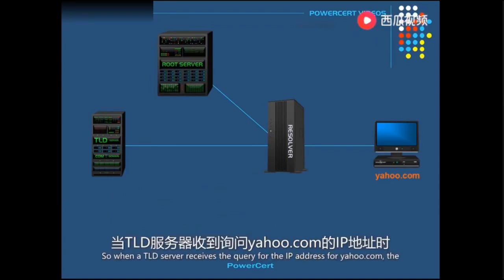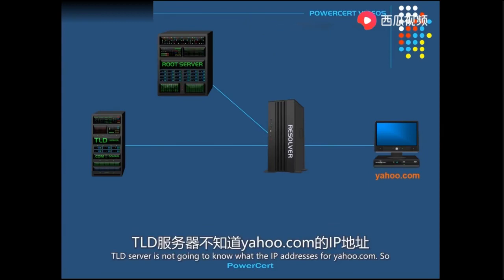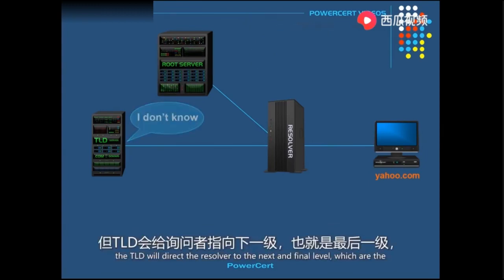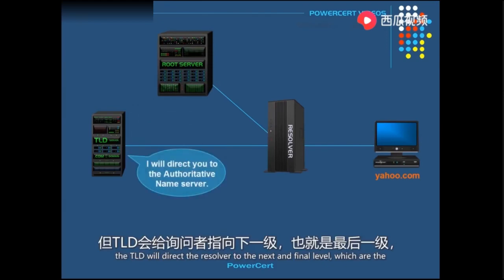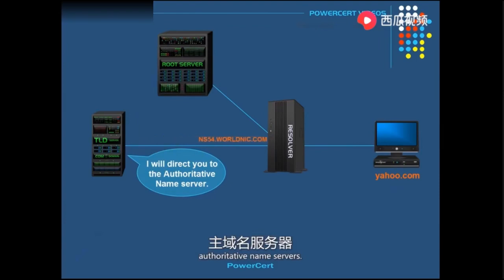So when the TLD server receives the query for the IP address for yahoo.com, the TLD server is not going to know what the IP address is for yahoo.com. So the TLD will direct the resolver to the next and final level, which are the authoritative name servers.